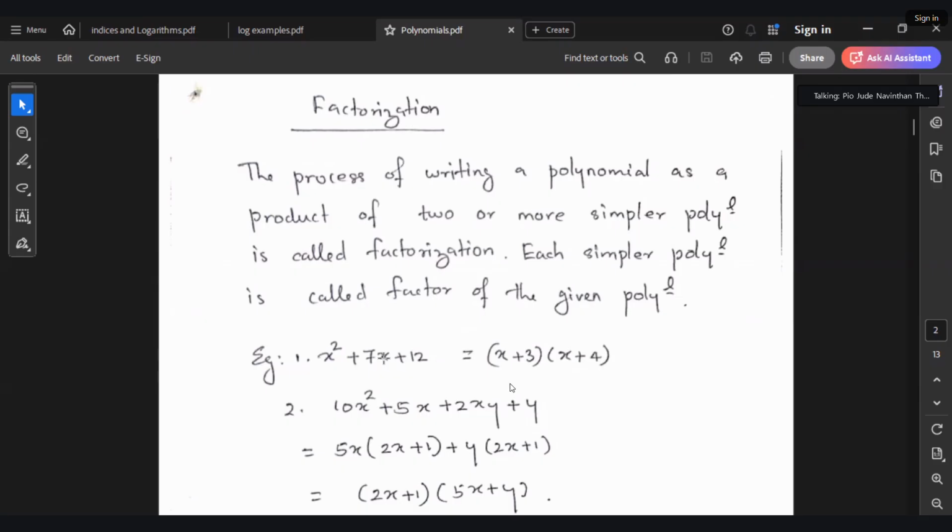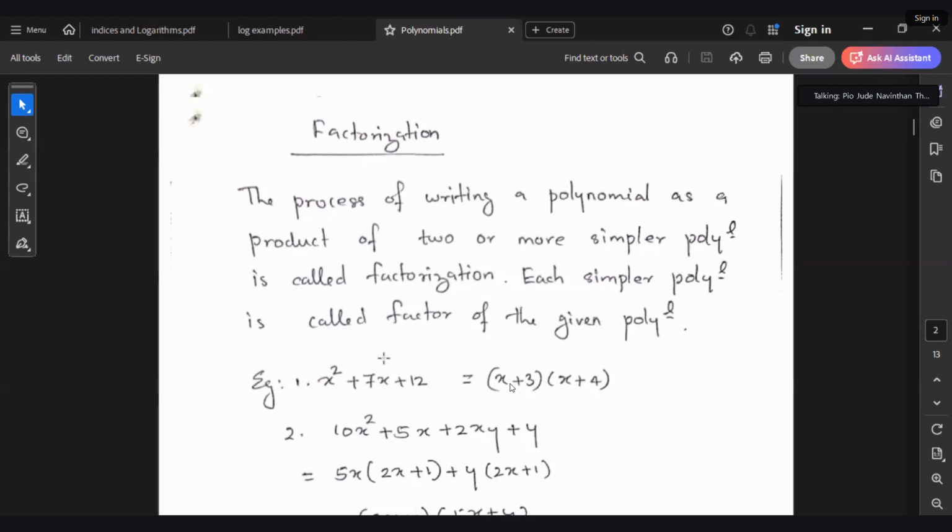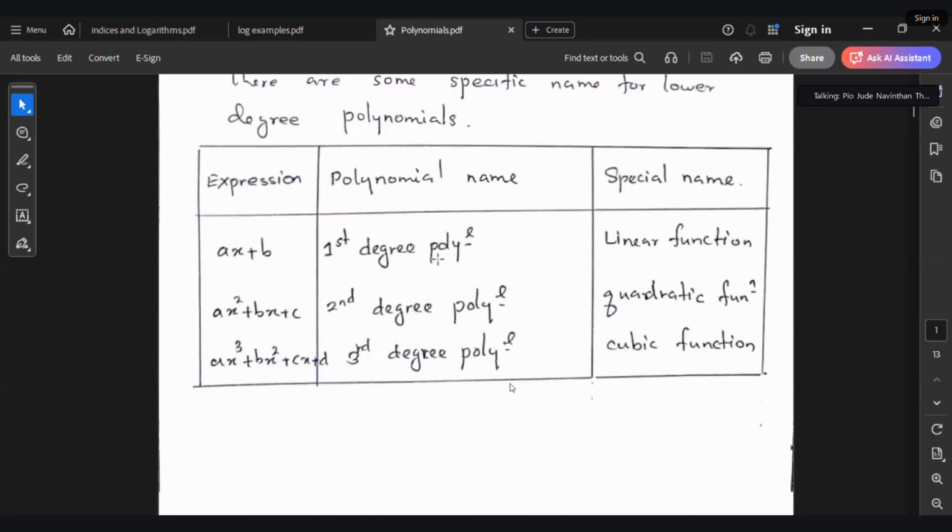So what is factorization? It is a process. Which process? If we have a polynomial of high degree, we need to split it into a multiplication of simple polynomials. So again, what is a simple polynomial? It may be a linear function or quadratic function or cubic function.